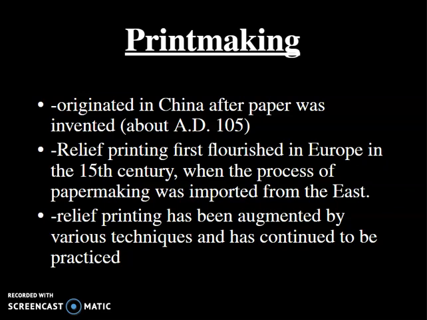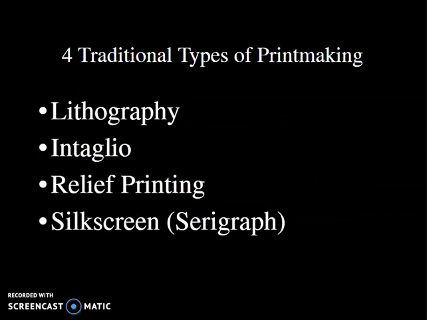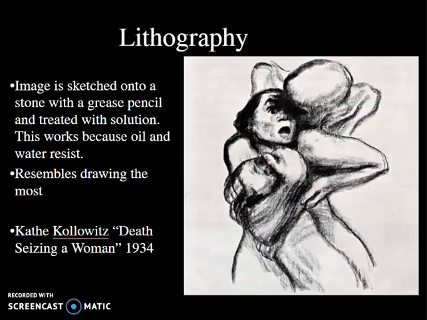Now we are going to talk about four common types of printmaking. We will be looking at lithography, intaglio, relief printing, and silkscreen, and it's going to be important for you to be able to identify the differences between them.